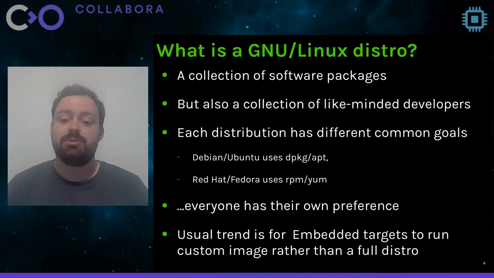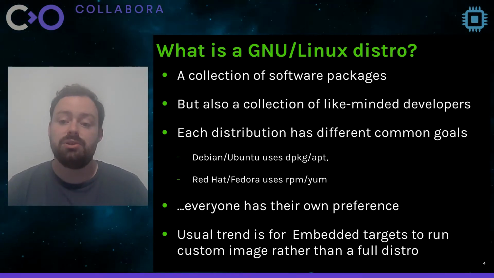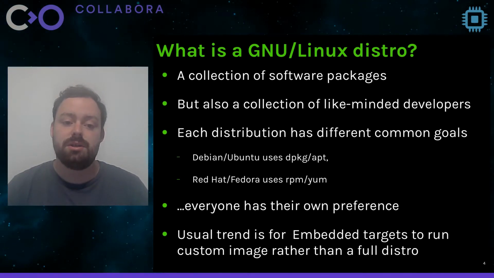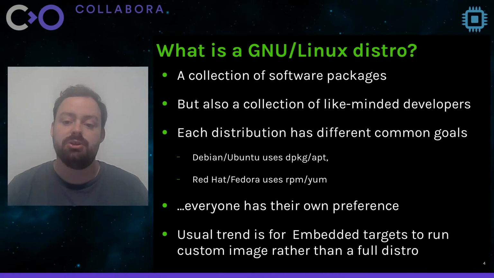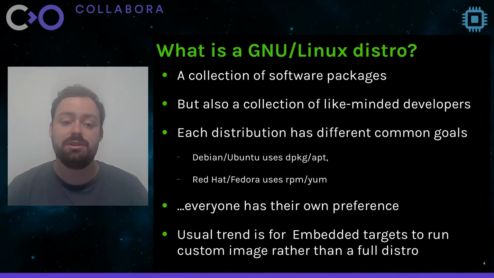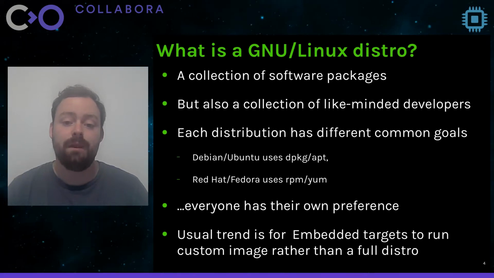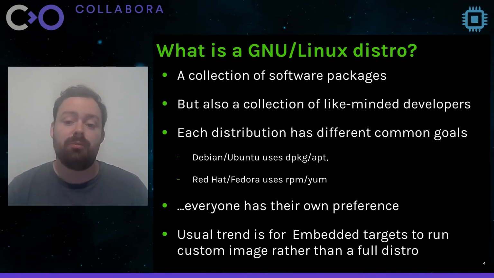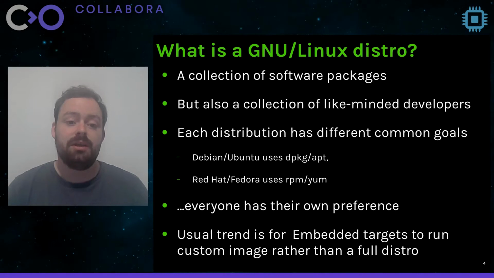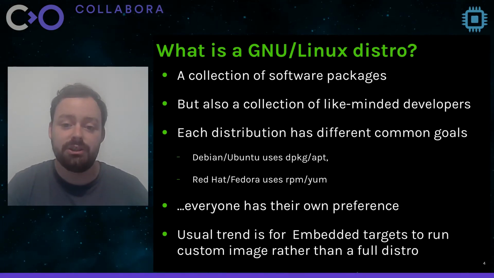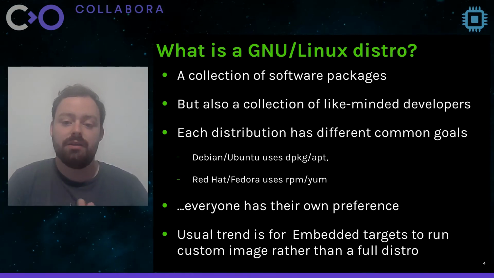Each one of the distributions has different goals. Debian is a distribution which uses apt for its package management and dpkg. Red Hat uses RPM and Yum for their package management. So there are lots of choices and design decisions which each distribution makes, and everyone has their own preference.